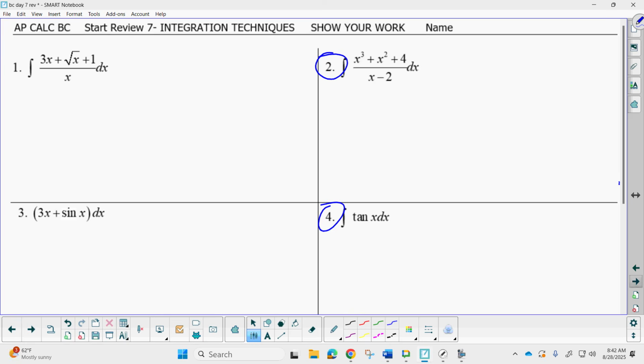A great multiple choice would be secant squared. Is it secant squared? No, that's not the antiderivative of tangent. That's the derivative of tangent. Classic trap, gotcha. Just grab all of this over.